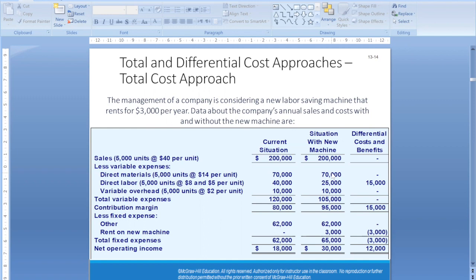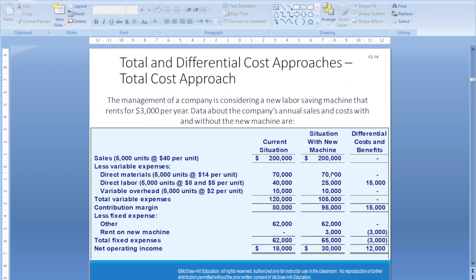The rent for the new machine in the second situation is $3,000. So the total fixed costs for the second situation will be $65,000 compared to $62,000 in the current situation. Differential costs, $3,000 in brackets, which means we will lose an additional $3,000 if we include the new machine.